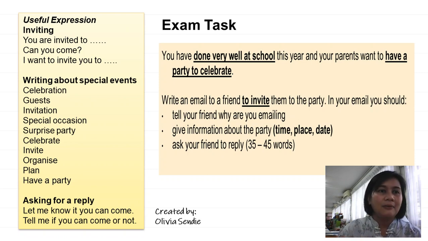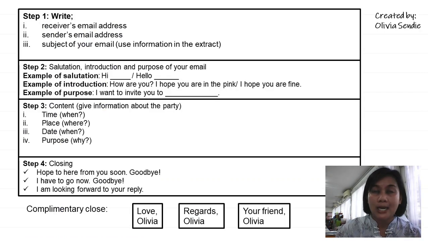And writing about special events. This is what I'm telling you about for step 3. Add more special details for the purpose. So when you add more details, you can get more marks in step 3, the content.